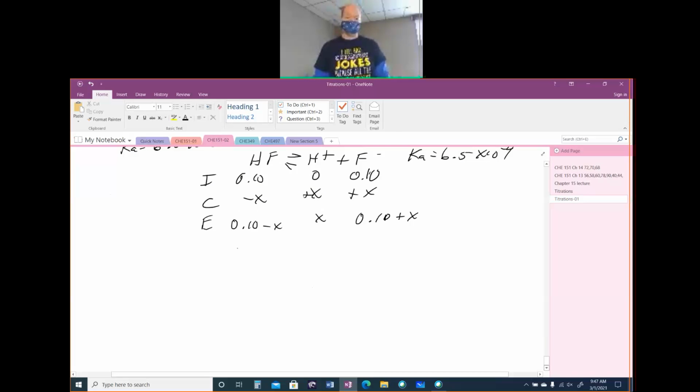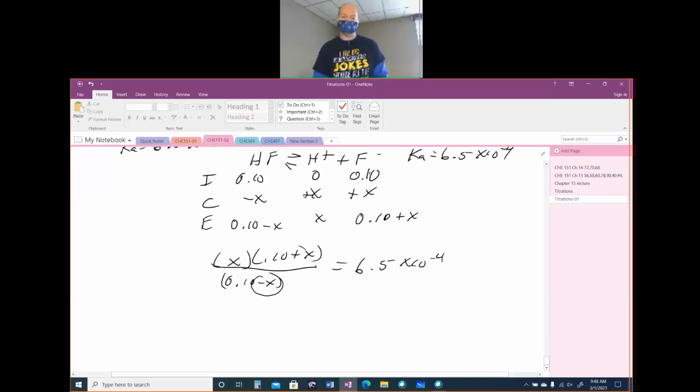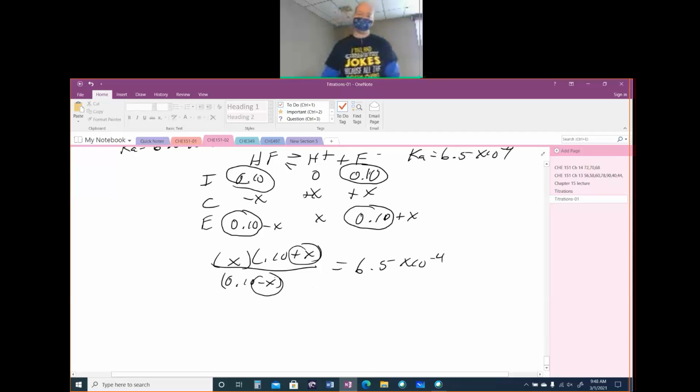All right, and so then I plug it into Ka. So X times 0.10 plus X over 0.10 minus X equals 6.5 times 10 to the minus 4. I have a plus, I have a minus X, I have a reactant initial, I have a product initial. Every time I have the initial concentration of both a reactant and a product, I know that the equilibrium concentration will be exactly the same. The X value will not change it.